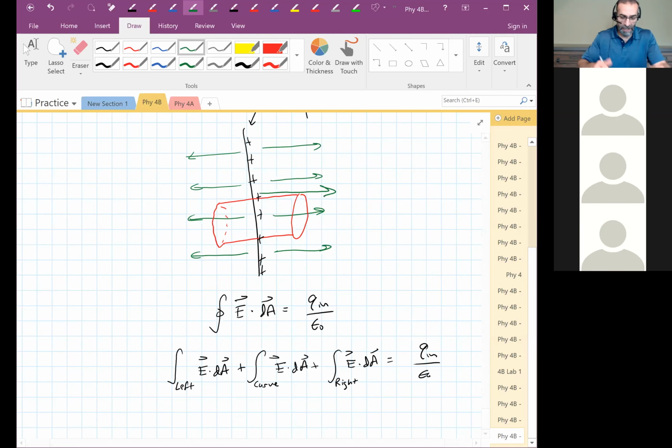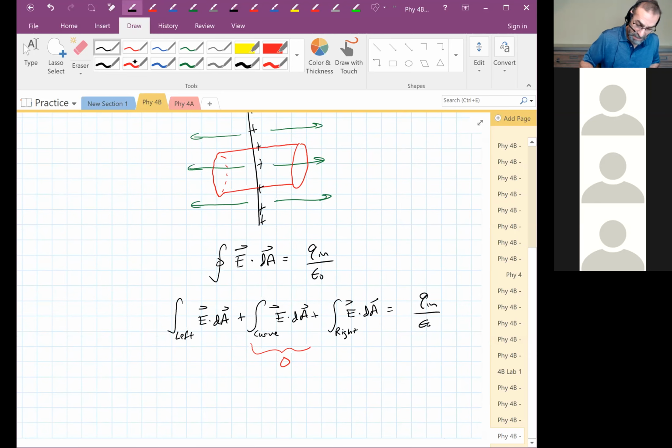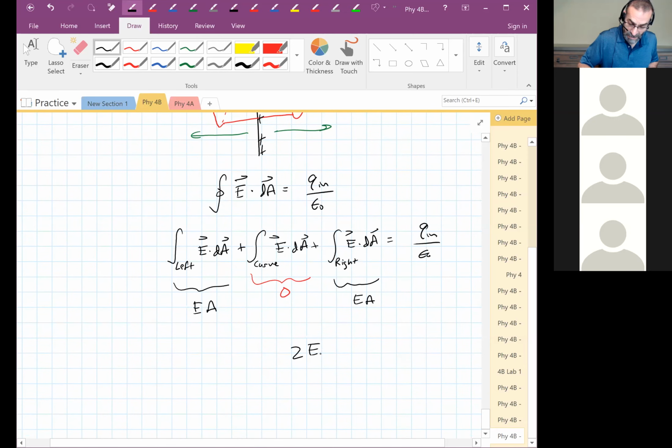They just come across the top of it without going through it, so this is 0. And the ones on the ends, that's just E times A. So we end up with 2EA equals Q in over epsilon naught.